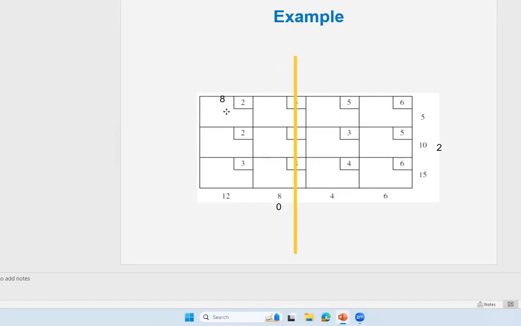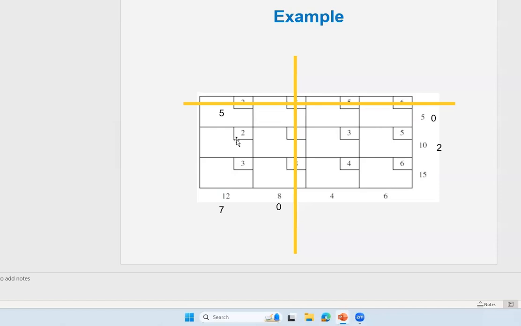What's the minimum of 12 and 5? 5. 12 minus 5 is 7. And then 5 minus 5 is 0. The column that has 0 is that one. Remove it. So the tableau is now reduced to these 6 cells here.